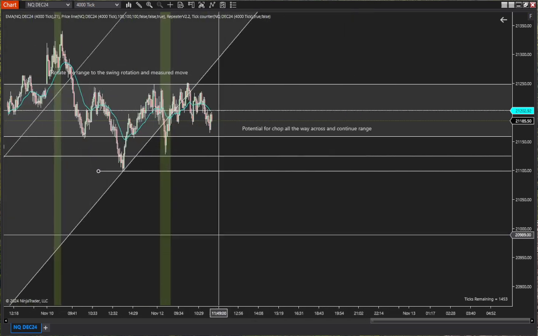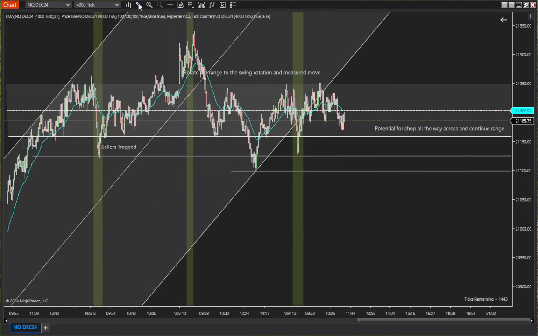Let's actually do it the right way. All right, this is going to be our new swing rotation. We're going to take this. We are going to draw a rectangle here.